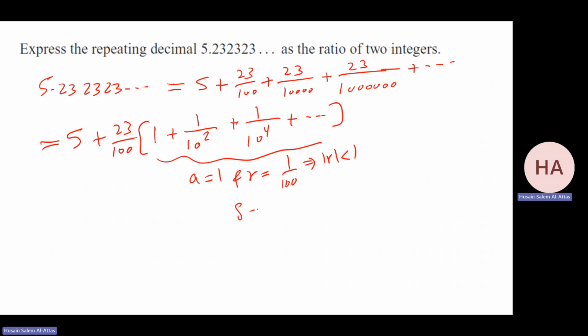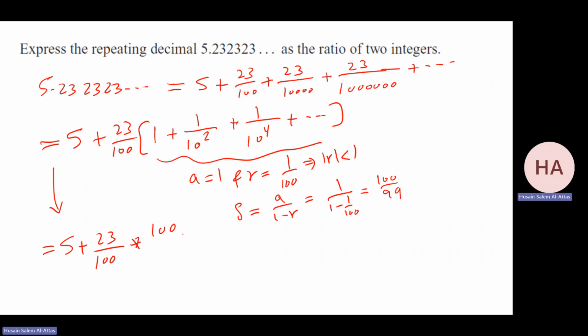And that equals A over 1 minus R, which is 1 over 1 minus 1/100. That will be 100 over 99. So this one will be 5 plus 23 over 100 times 100 over 99, and the answer is 5 plus 23 over 99.